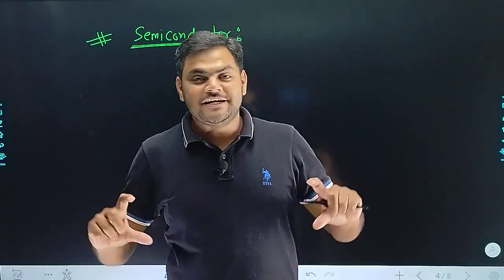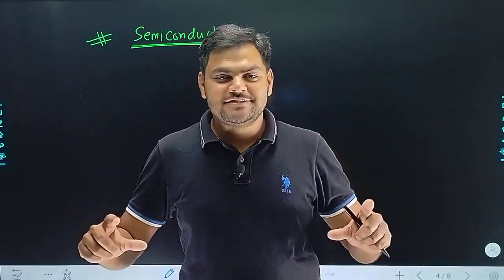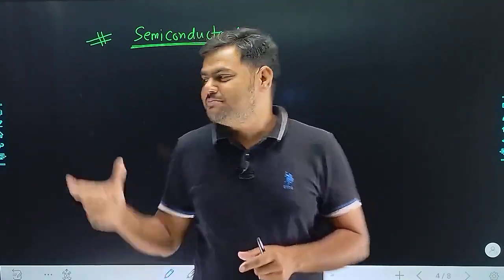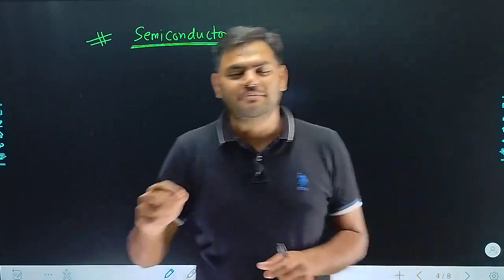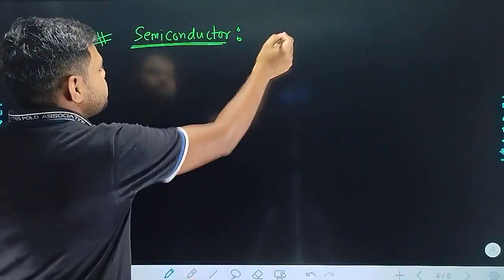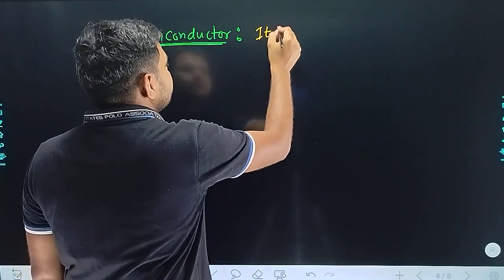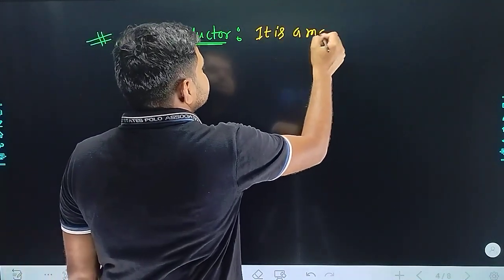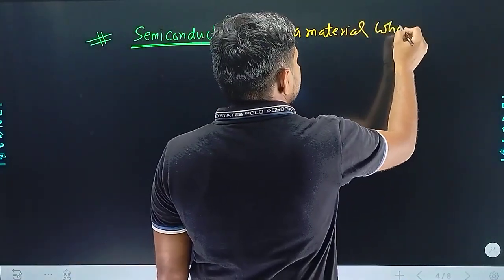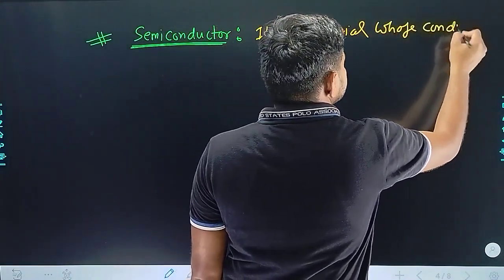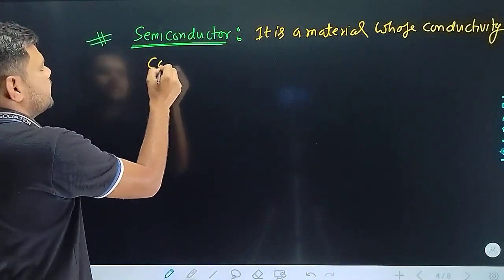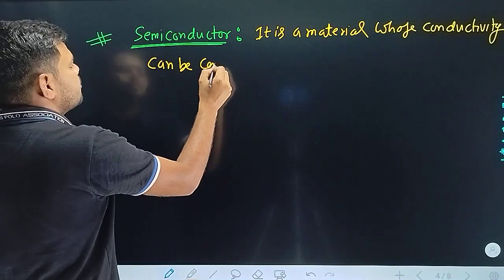But the things that can work intellectually are the things that can be controlled. So a semiconductor is a material whose conductivity can be controlled. Clear?